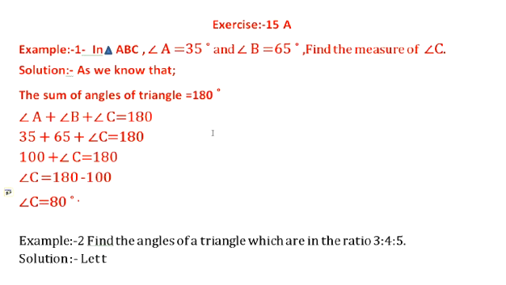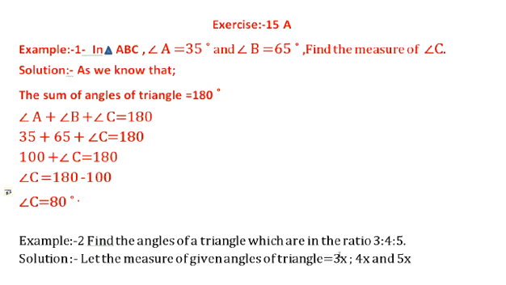So let the measure of the given angles of the triangle be as in the ratio. The ratio is given as 3 to 4 to 5. So let the measures of the angles be 3x, 4x and 5x.